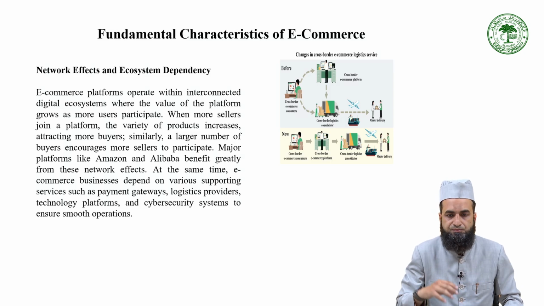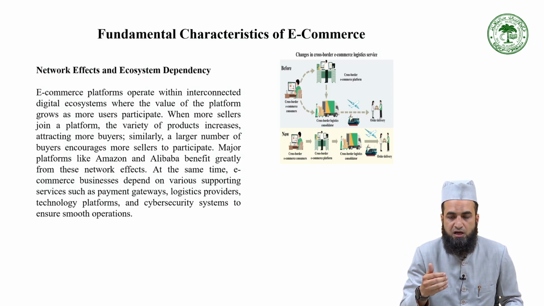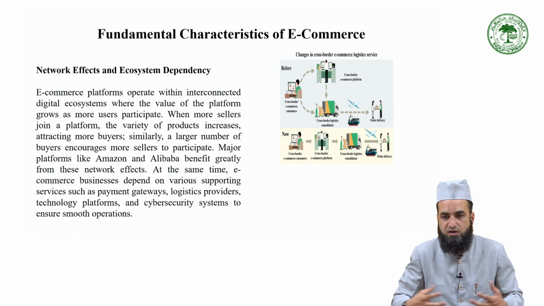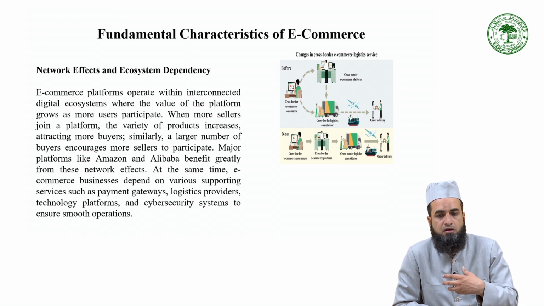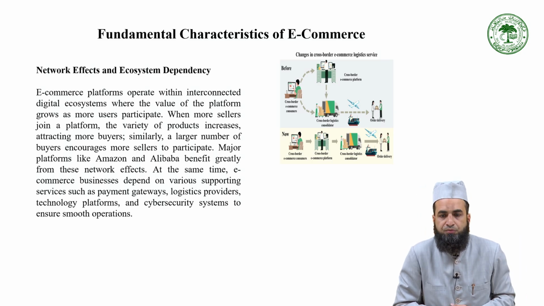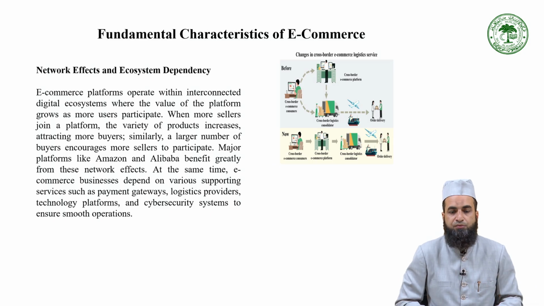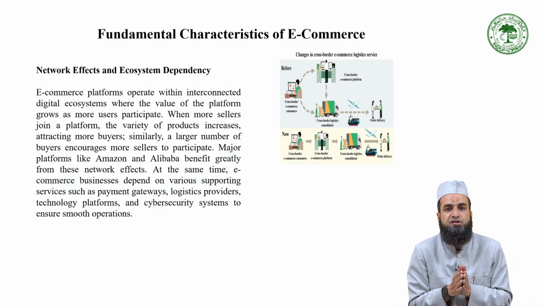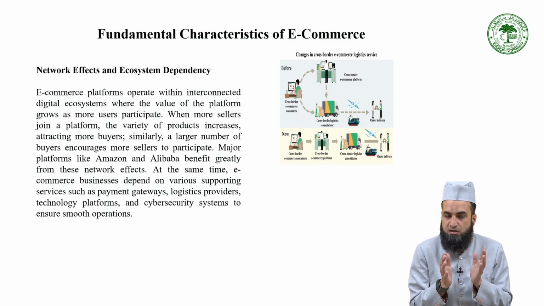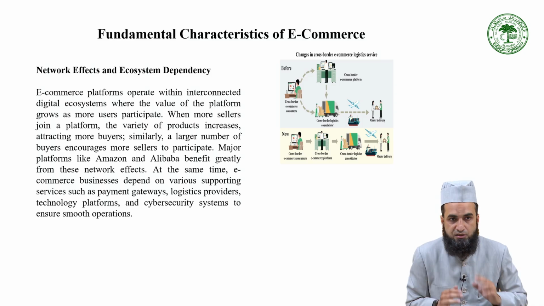For example, payment gateway outages can halt all transactions, logistics delays can damage customer satisfaction, and cybersecurity breaches can undermine trust. So, successful e-commerce businesses must carefully manage these relationships and dependencies to ensure operational continuity and resilience.